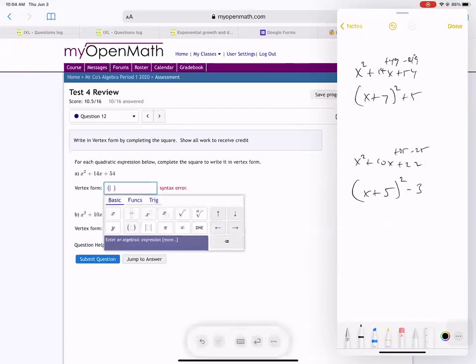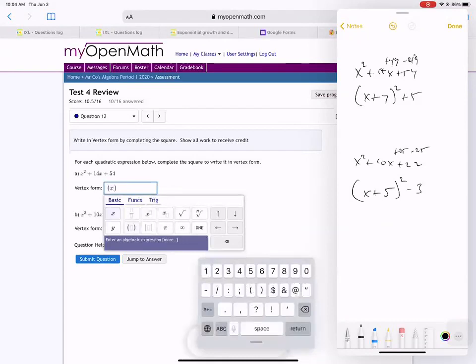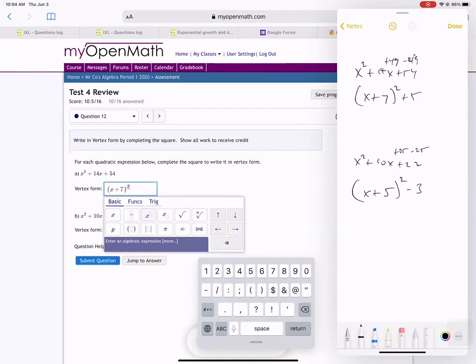Parentheses, x plus 7, squared, plus 5. Okay.